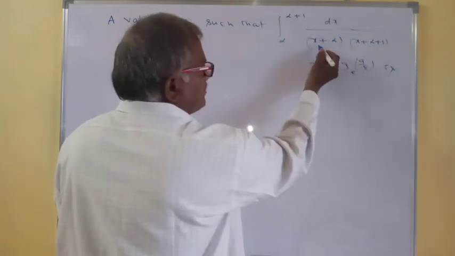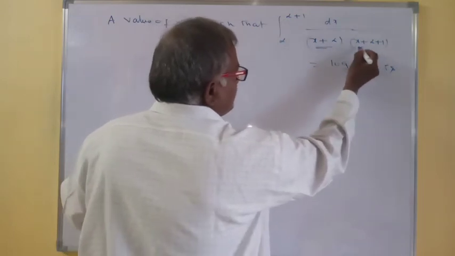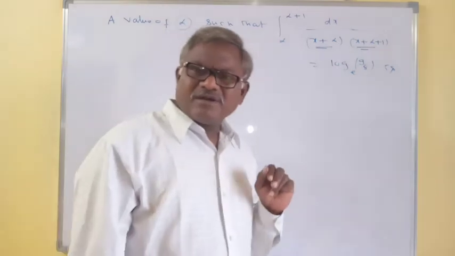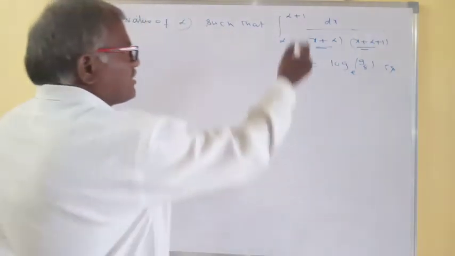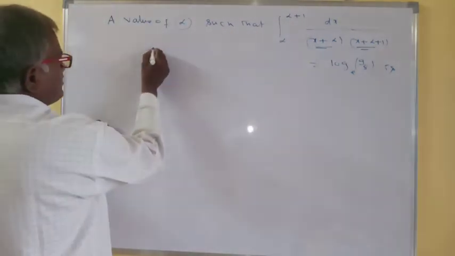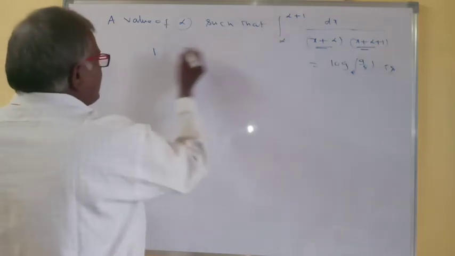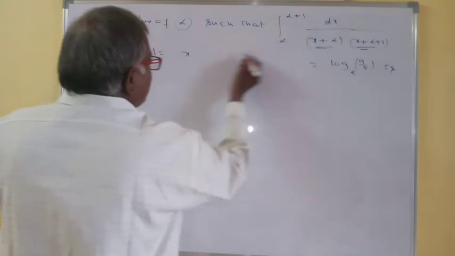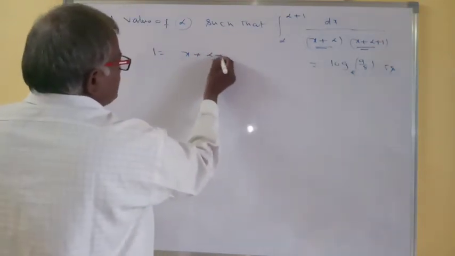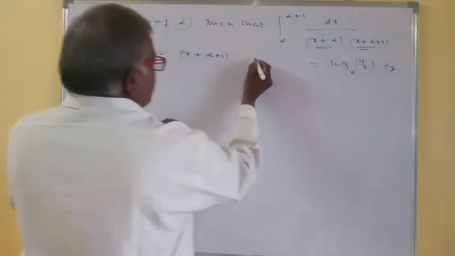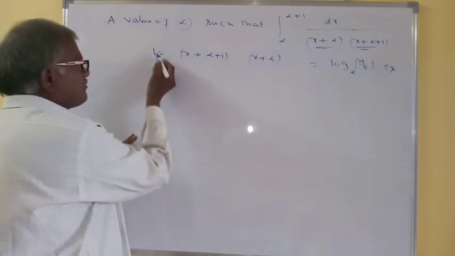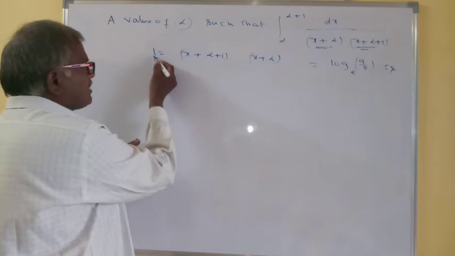Here you see these are nothing but linear factors. With the help of the denominator, the numerator can be written. The numerator is nothing but 1. First of all, write down the higher factor, x plus alpha plus 1, next x plus alpha. In the numerator 1 is there and that value doesn't alter.